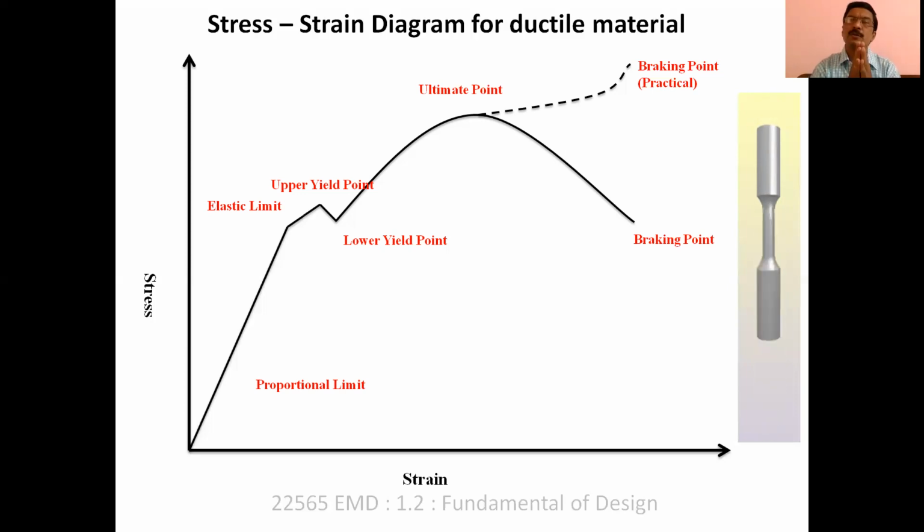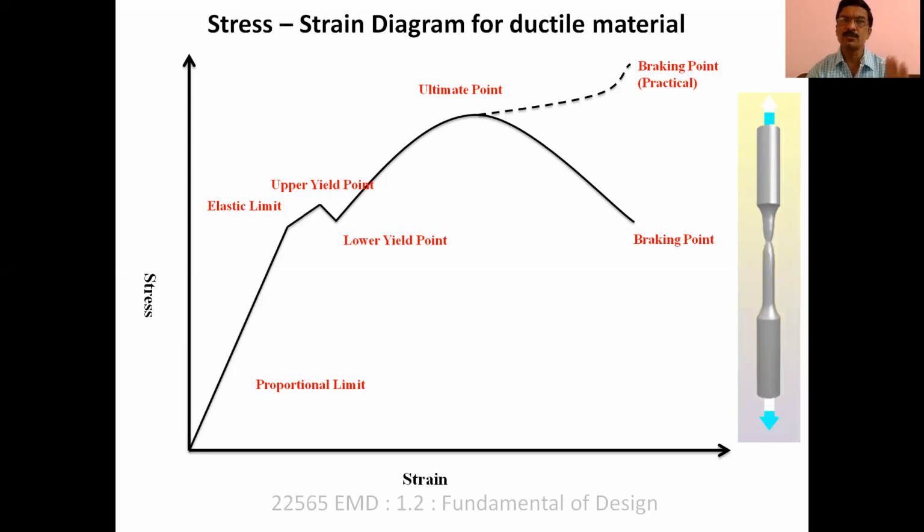If you just take our original area, then you will observe that the breaking point stress is lesser than the ultimate point. Here the important thing is that the ultimate point is the maximum stress point for any ductile material.